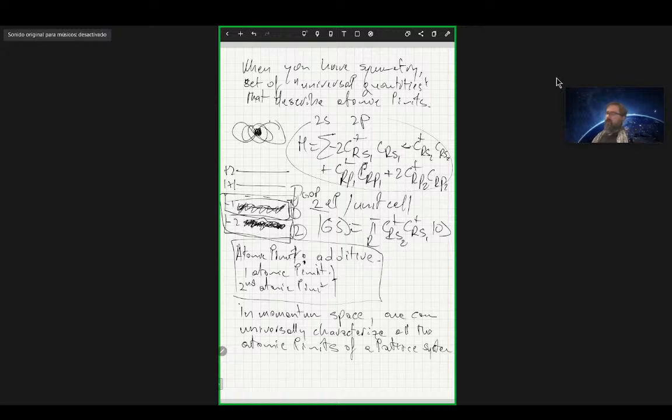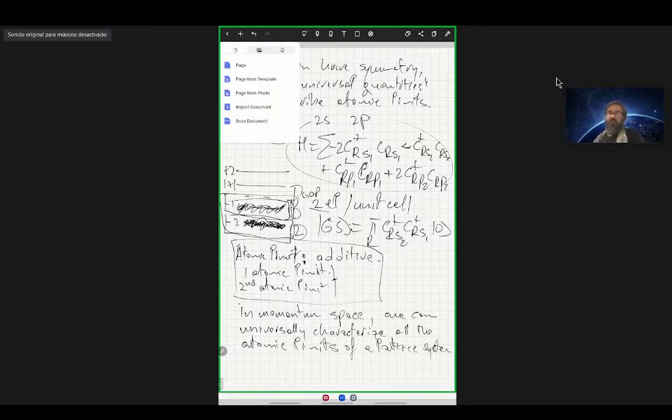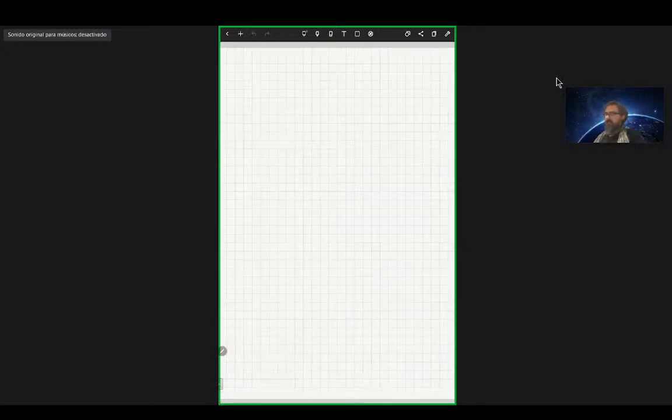And the way one can do that is through momentum space eigenvalues of the symmetry. So let's go to momentum space.